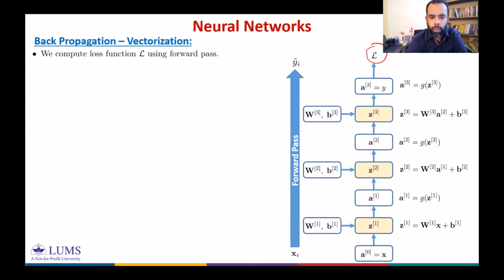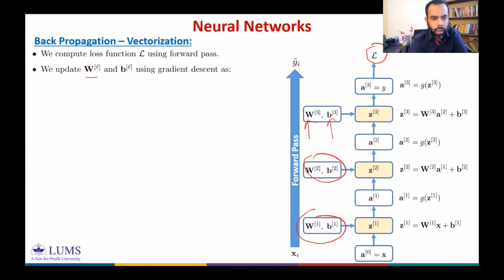We want to update these weights and these biases by taking the derivative of this loss function with respect to these weights and biases. And we want to do the same for all the weights and biases. That is, we update the weight, this is the matrix of all the weights of the lth layer, and BL corresponds to the vector that contains biases for the lth layer.